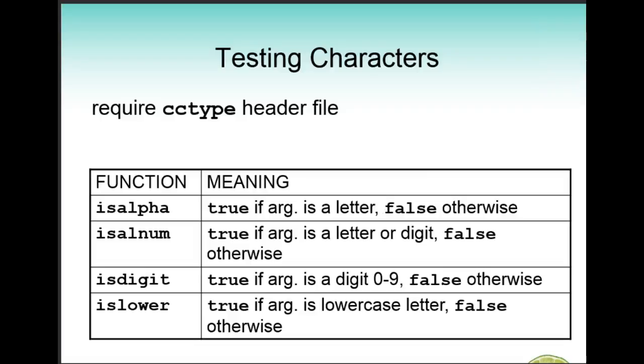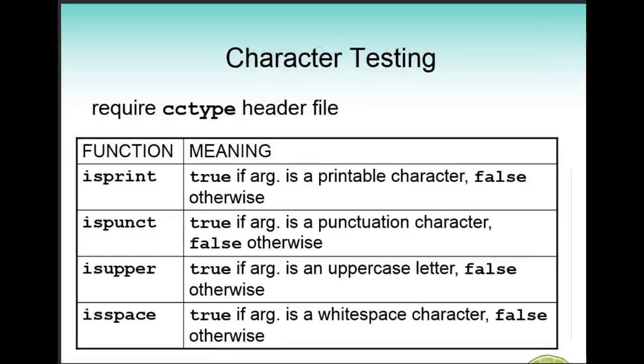They require you to include the cctype header file, and they just work with one character. isalpha says if it's actually a letter, isalnum if it's a letter or a digit, which is for alphanumeric. isdigit, if it's a digit between 0 and 9, islower, if it's lowercase. isprint, if it's a printable character, ispunct, if it's a punctuation character, isupper, is it uppercase, isspace, if it's a white space character.